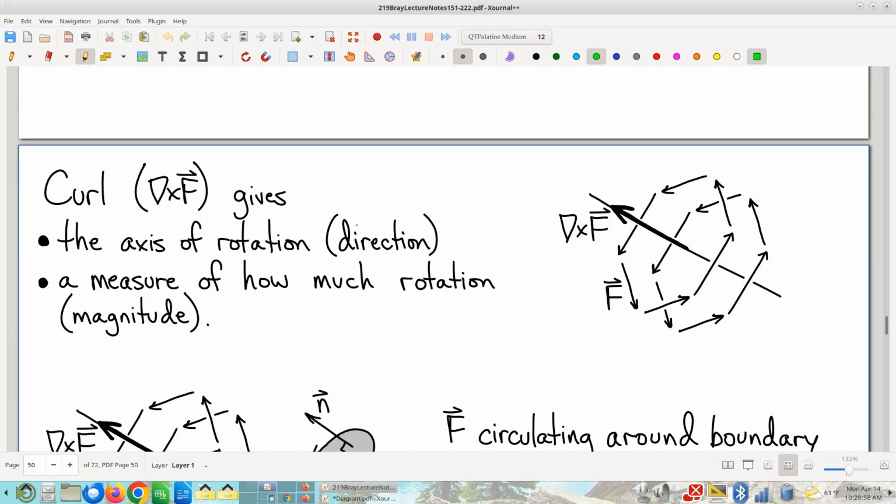The idea is that curl points in the direction that the rotation is around, and its magnitude tells you how much of the rotation there is as you are looking for rotation in that direction. And I make the observation, this is really not that weird of an idea, because we've had oriented densities before, and in particular the gradient, right? And I think this is a wonderful analogy, and I really encourage everybody to dwell on this analogy.